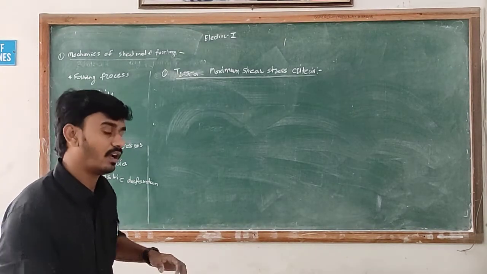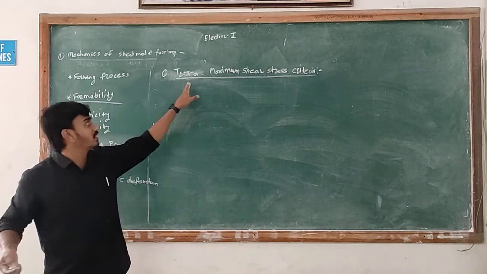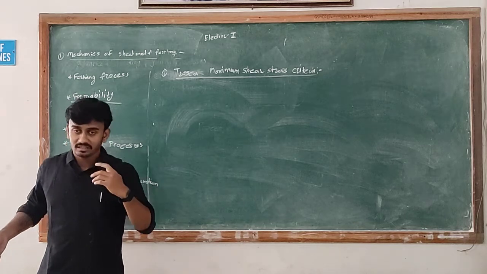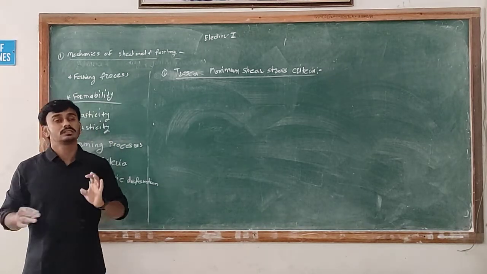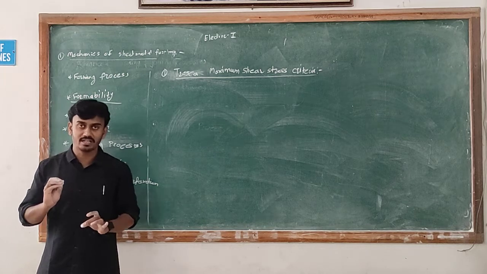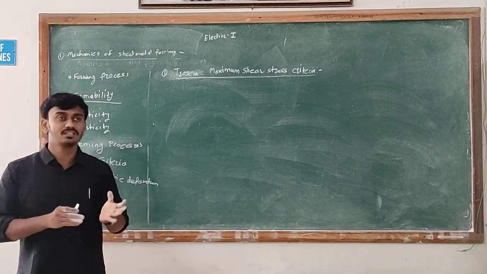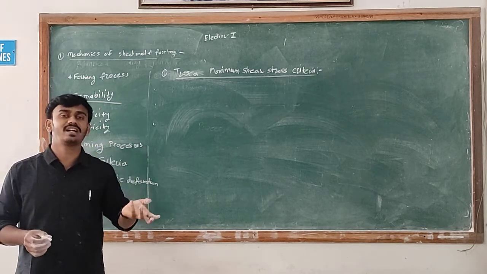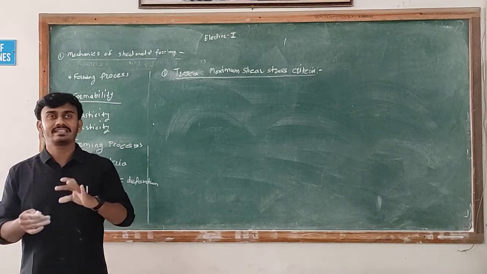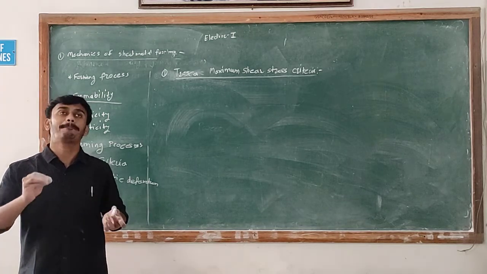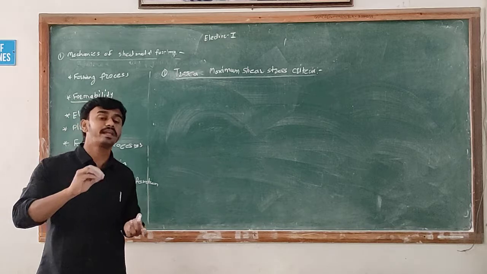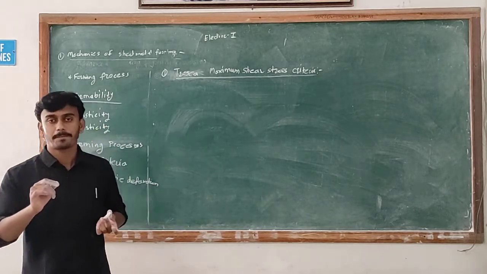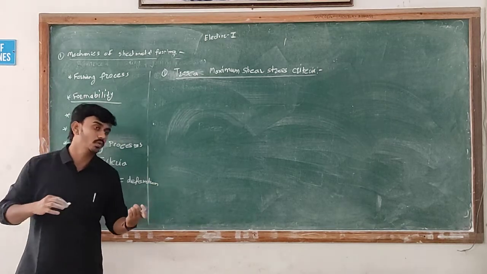I will again explain what the Tresca's maximum shear stress criteria suggested: the plastic deformation in a material is initiated, meaning the plastic deformation will start when the applied stresses developed in a material reach their limiting value.